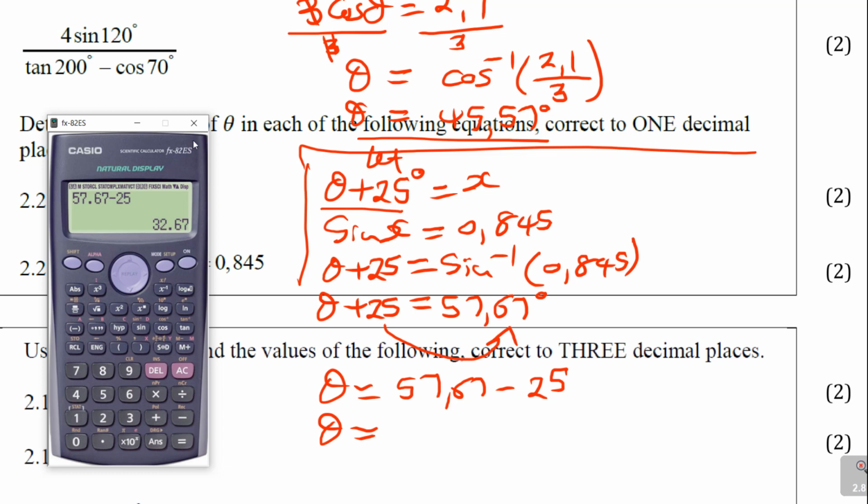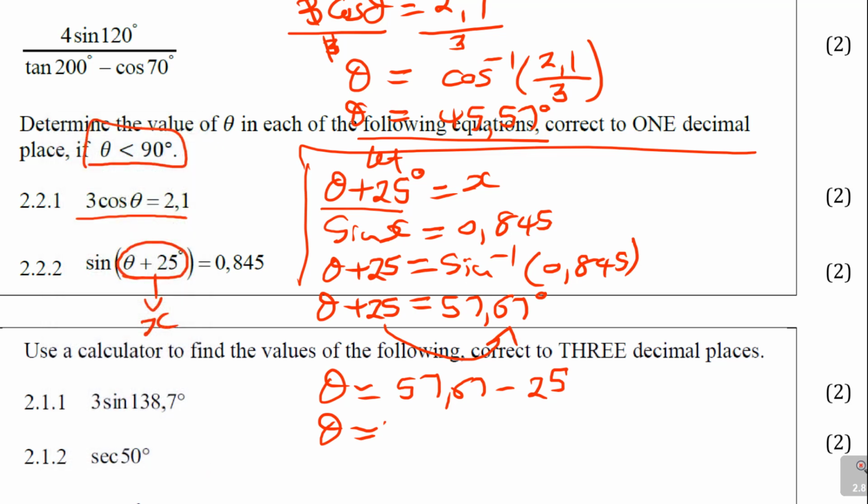Then you get your answer 32,67. See, that's how you work on it. They say it is less than 90, so the answers are also okay in the first quadrant. Alright, so that is how you approach some of these questions.